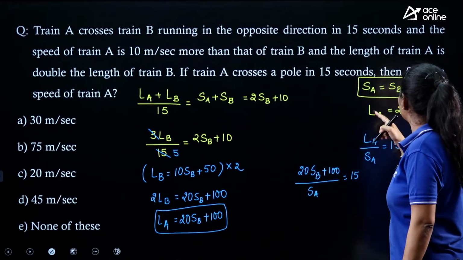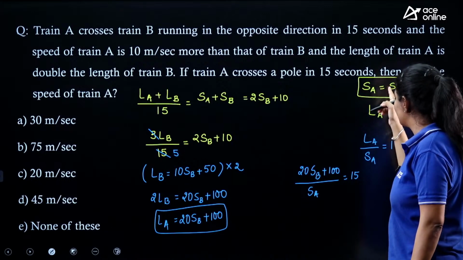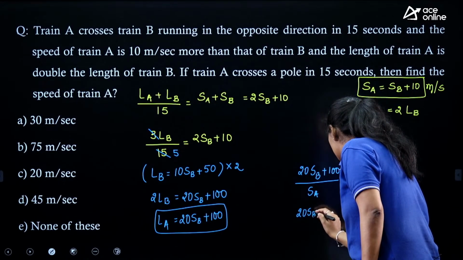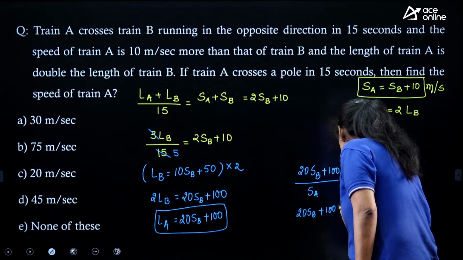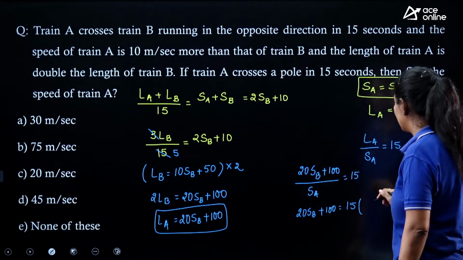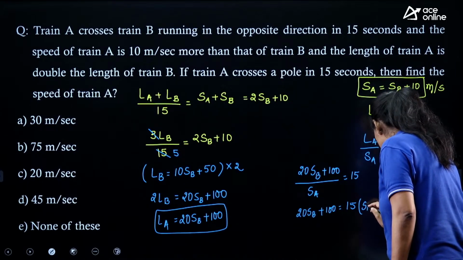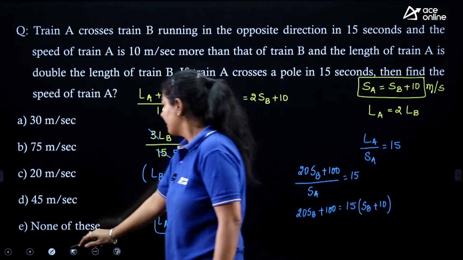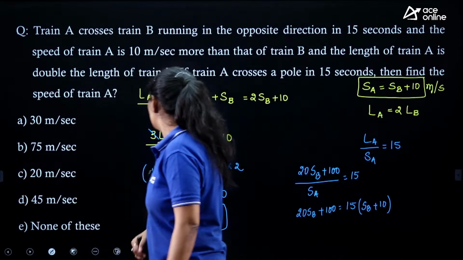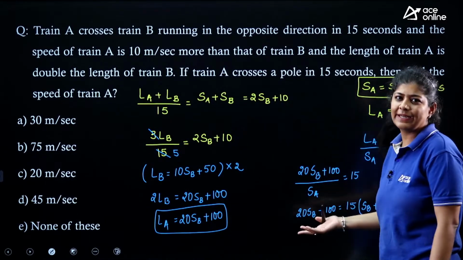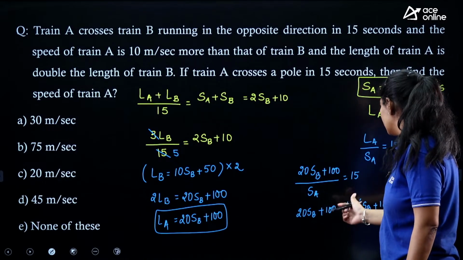Now, the relation that we have between SA and SB is this one. So, 20 times the speed of train B plus 100 is equal to 15, and here we have SB plus 10, right? Now you can do one thing, either first multiply this equation by this one or directly eliminate by taking the common factor.